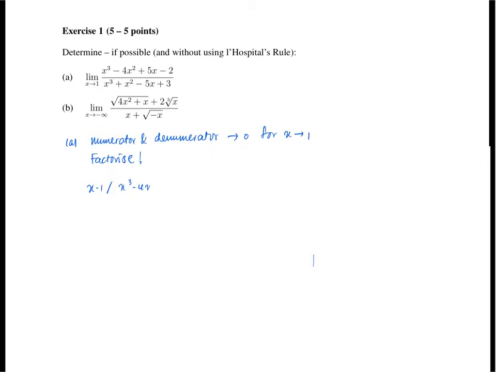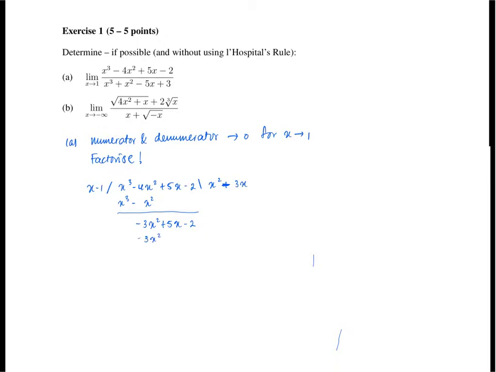First we try to factorize and take out the term x minus 1, and we do this by long division. Looking at the polynomial, x minus 1 goes into x to the power 3 x squared times, and the remaining polynomial is of degree 2: minus 3x squared plus 5x minus 2.